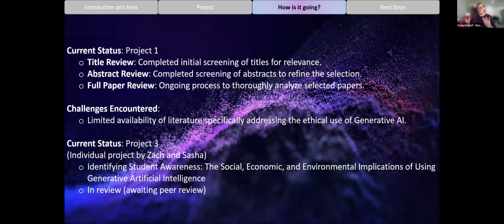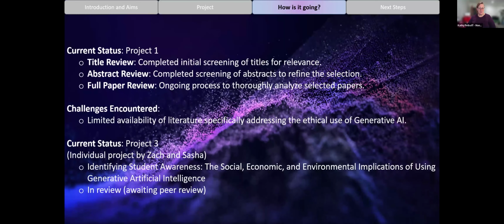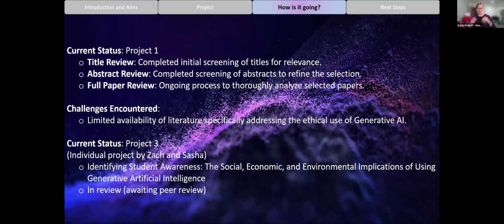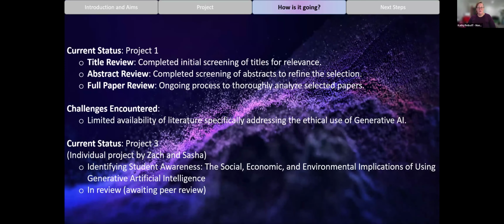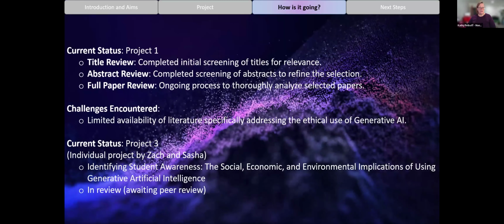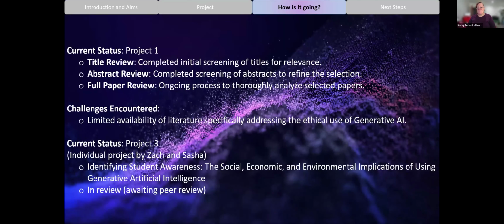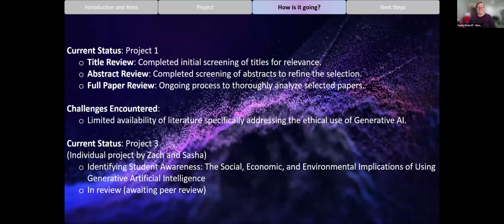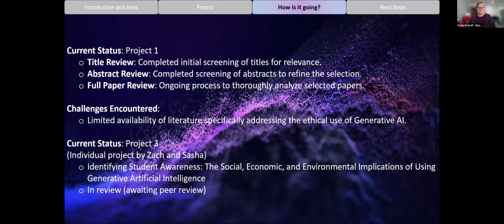So how's it going? Well, the good news is that we're almost through to the full paper read of our systematic literature review. The bad news is there's very little out there. This is problematic in some senses, but in other senses, not necessarily. It just means that we're thinking about things before other people have done so. We will continue and complete our systematic literature review before we start to think about our next steps.